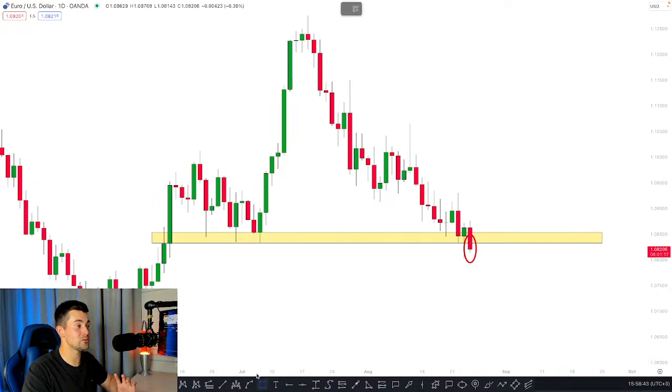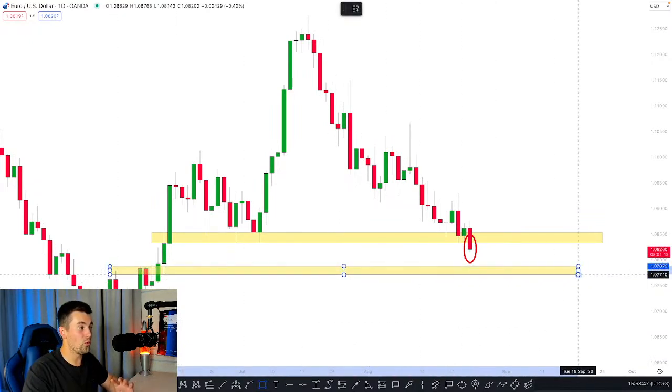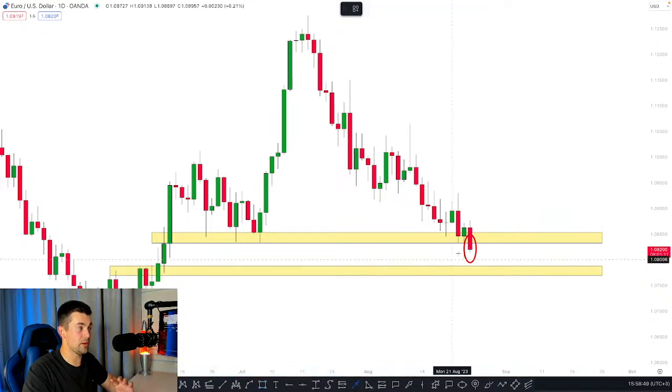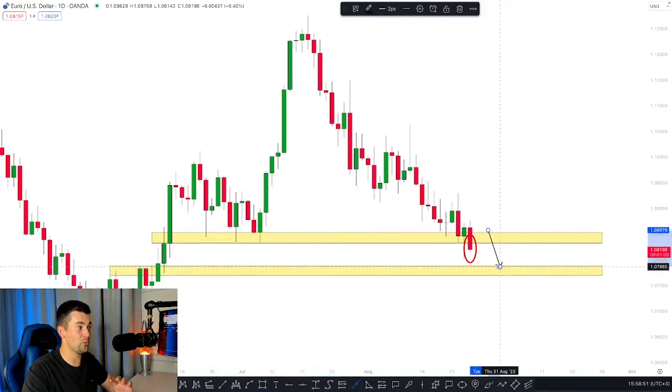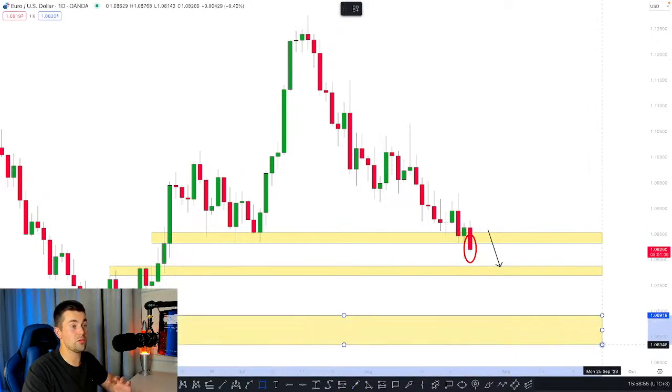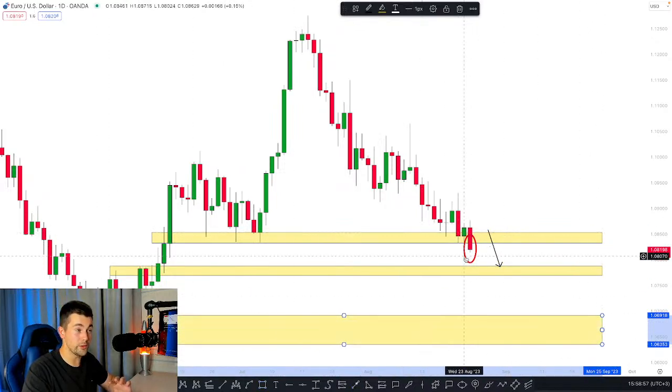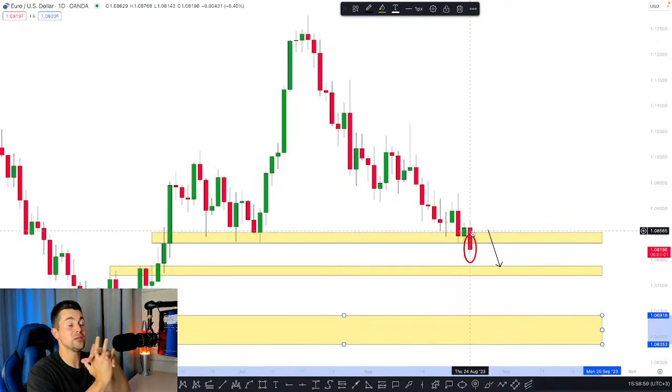Our next strong support on euro dollar will be over here. Yes, and we will expect the bearish movement to that support first, and then potentially even lower to that support. So watch carefully how today's daily candle closes. It will be very, very important.